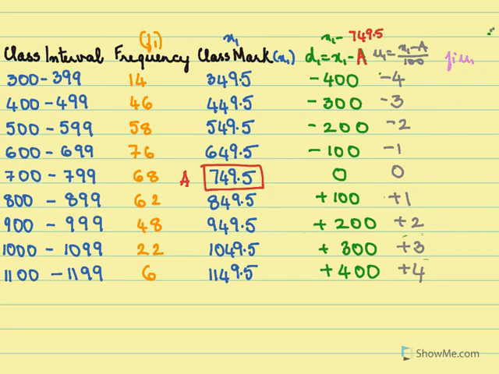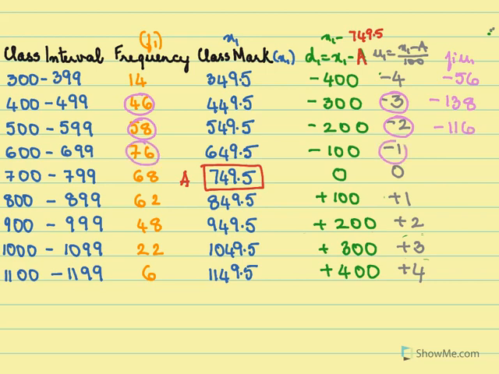The next step is to multiply Fi and UI. In the first class, Fi is 14, UI is minus 4, and that's equal to minus 56. Then Fi 46, UI minus 3 equals minus 138. Fi 58, UI minus 2, you get minus 116.